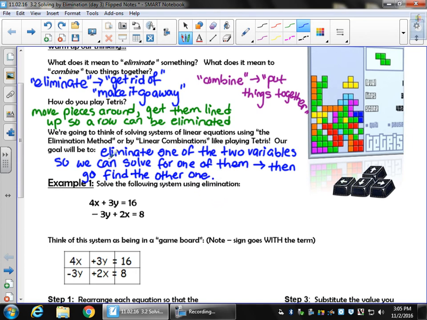So our goal will be to eliminate one of the two variables so we can solve for one of them, then go find the other one. If we were to summarize the entire method in one sentence, one very informal sentence, that's how we would say it.